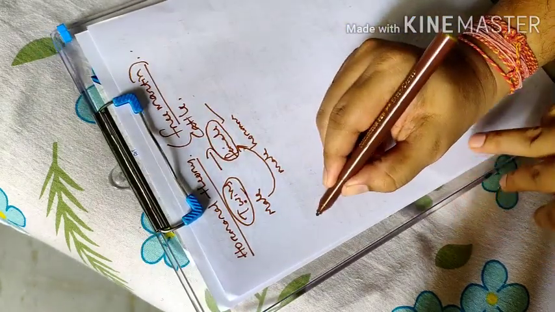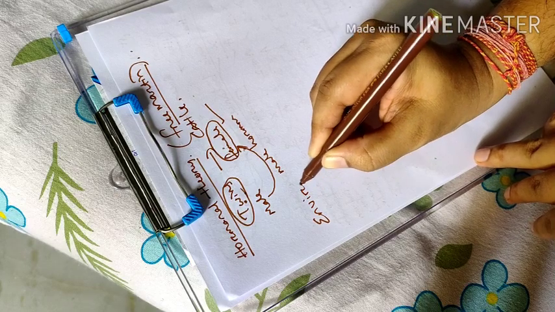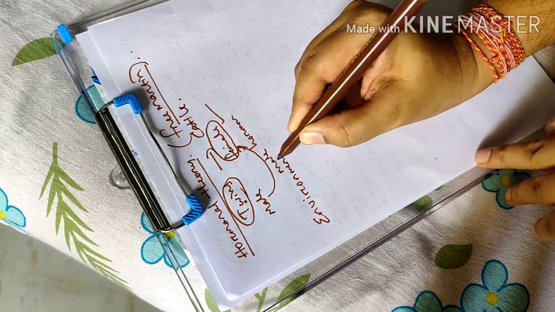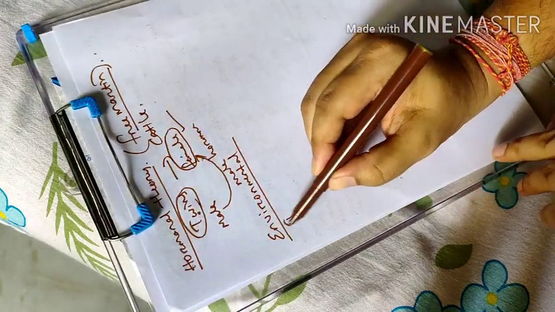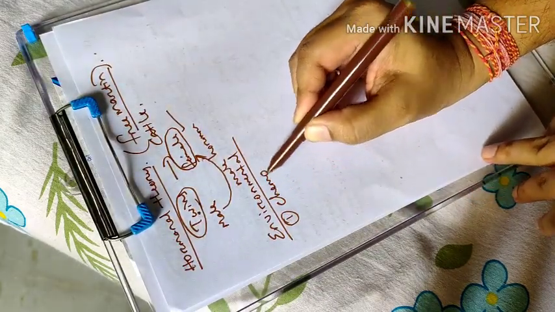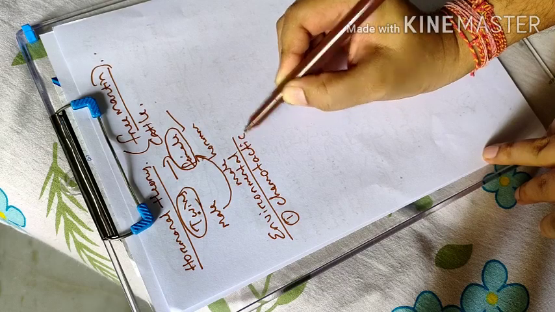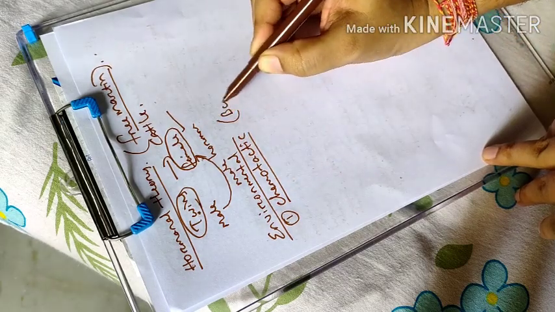Then environmental. Number 1, chemotactic. Best example, Bonellia.